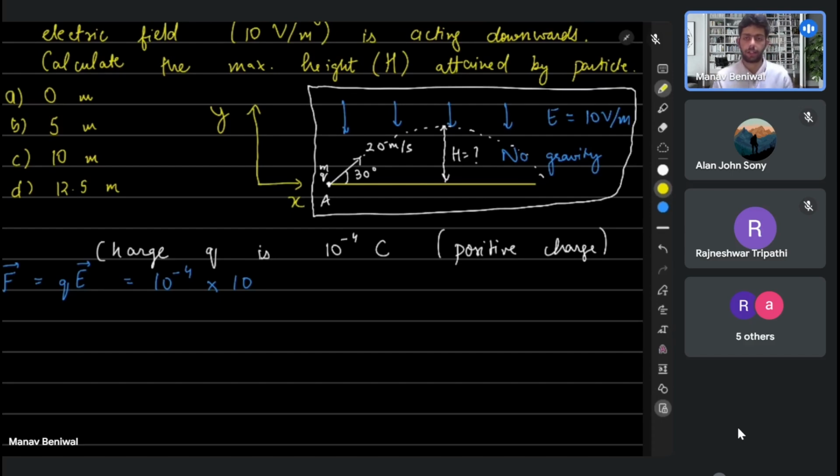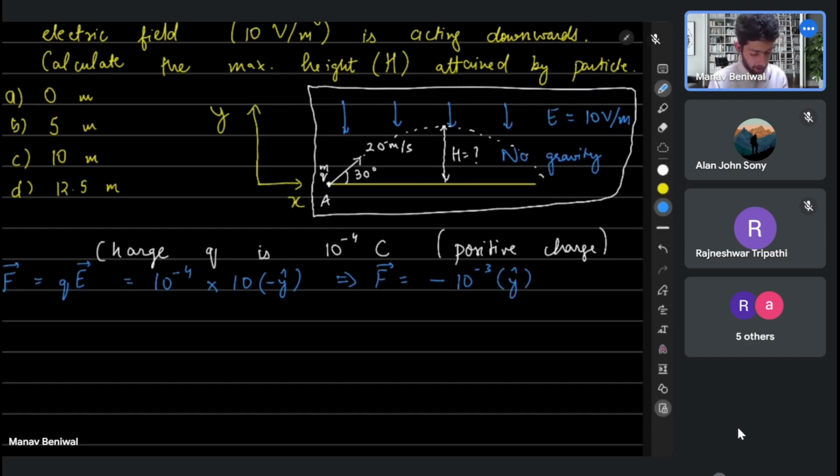That is what we generally do. If this is the case, then our electric field is 10 volt per meter in the minus Y direction. So the force that we get, F, is minus 10 to the power minus 3 Y cap. So we have this much force acting downwards on the particle.